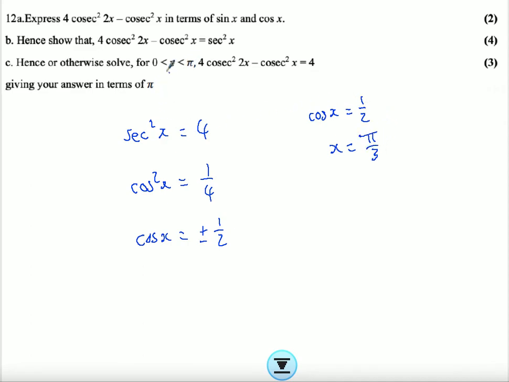We want it between 0 and pi, so there aren't going to be any others. And then cos x equals negative 1/2. So my principal value here is 2 pi over 3. Any others in the range? Nope. So therefore our values of x are pi over 3 and 2 pi over 3.